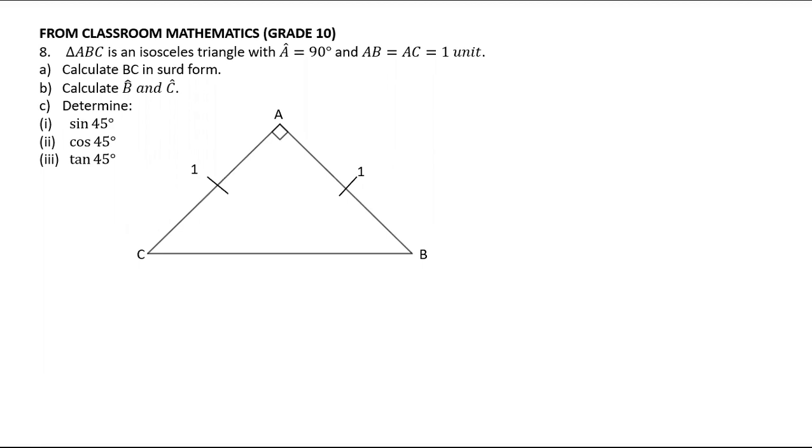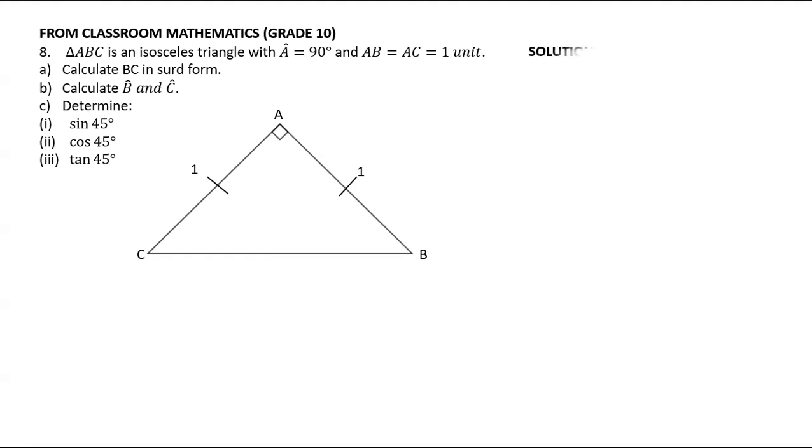Now they give you AB is equal to AC and both of them are equal to 1 unit. And as I have shown you in the diagram, now they want us to calculate BC. Now this is how we're going to do it. Because there's a 90 degree, it's a right-angled triangle.